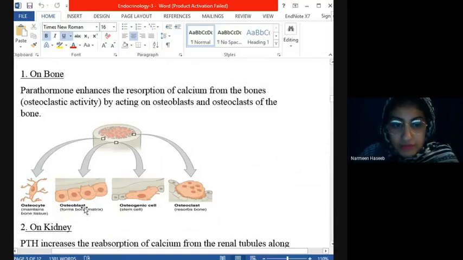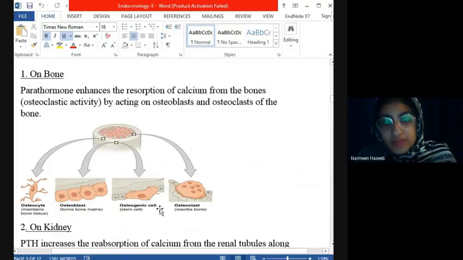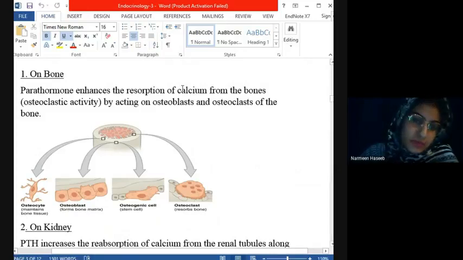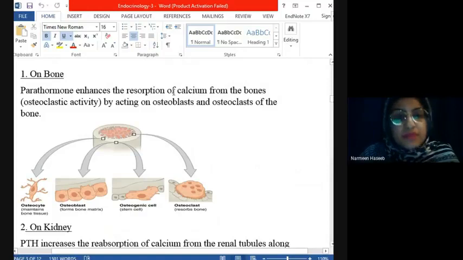Osteoblasts are the bone forming cells, and osteoclasts are the ones which resorb the bones. So parathormone directly acts on these osteoblasts and osteoclasts in order to resorb calcium from the bones. It takes the calcium from the bones and puts that calcium into the blood.